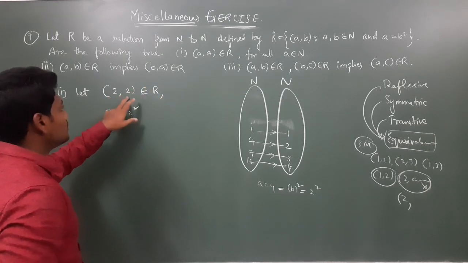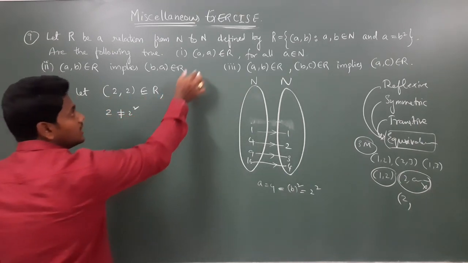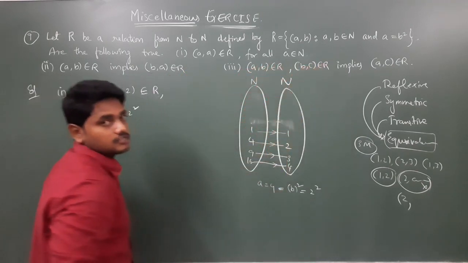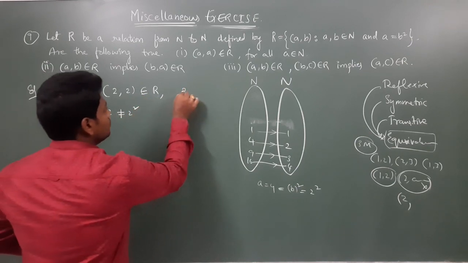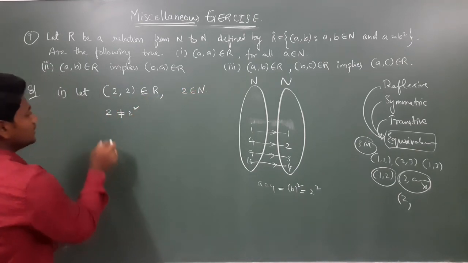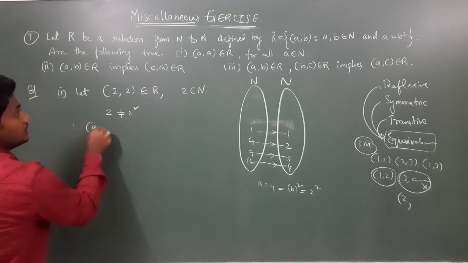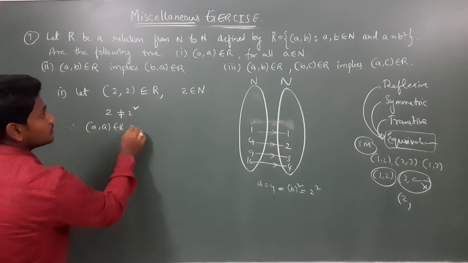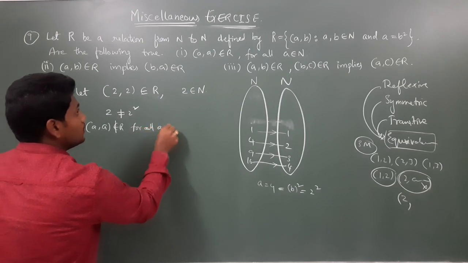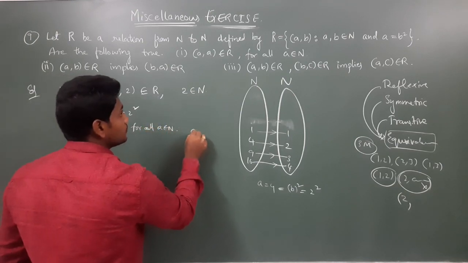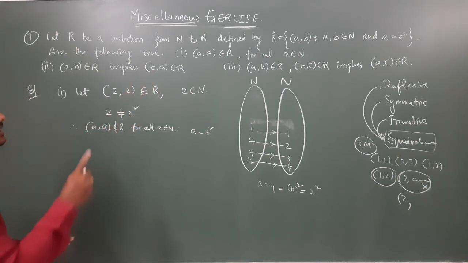What they have given is (a, b) belongs to R when a should be equal to b square. If we take the same elements, it should satisfy that condition. Is 2 equal to 2 square? No. So (a, a) does not belong to R for all a belongs to N, where a equals b square. So the first condition is not satisfying.